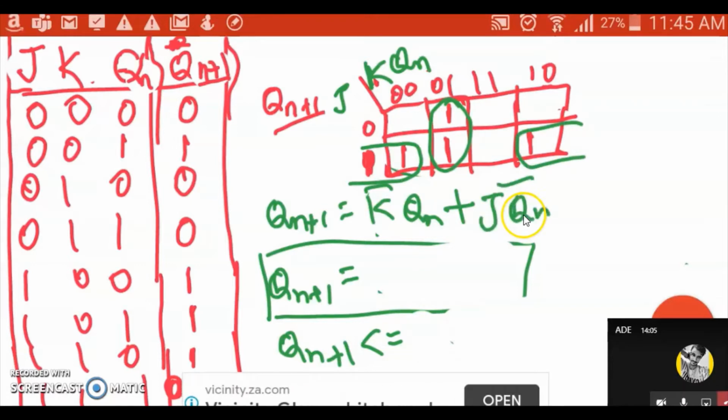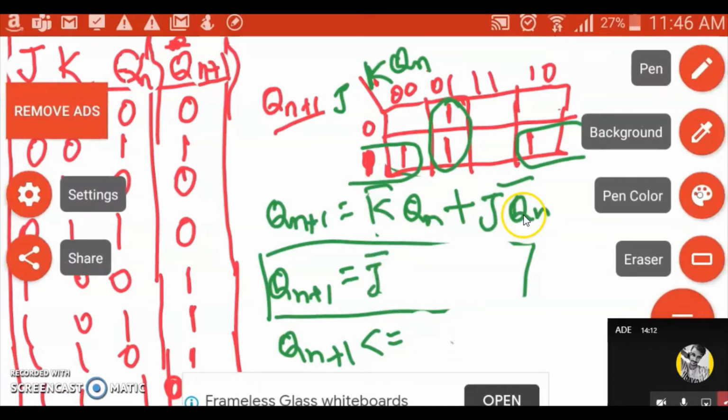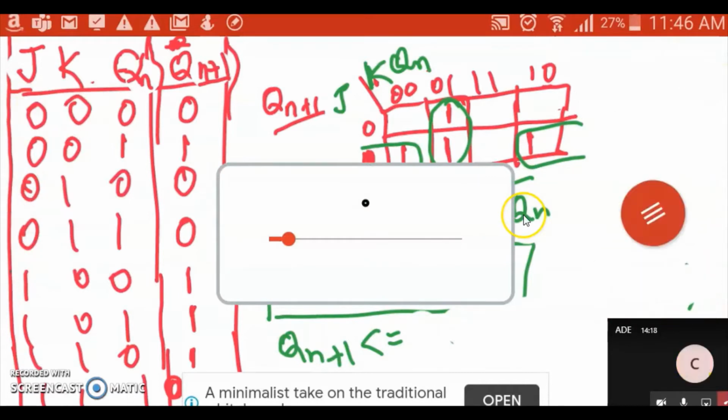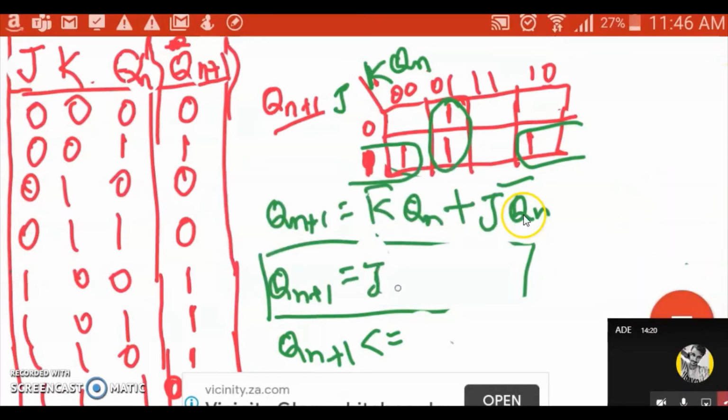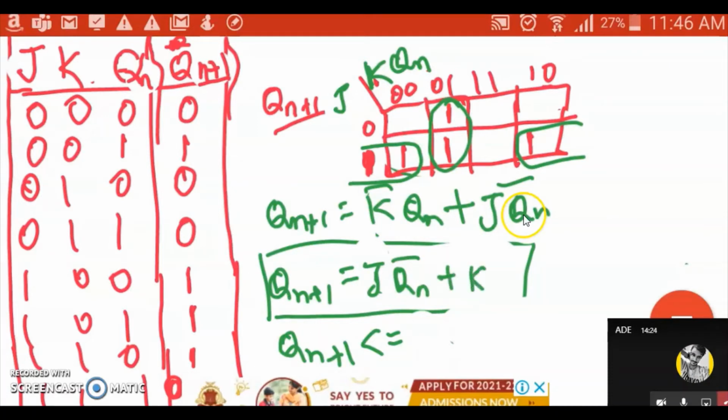I just rewrite this because J is the first input, so that's the reason I've written J first. So J Qn bar plus K bar Qn.